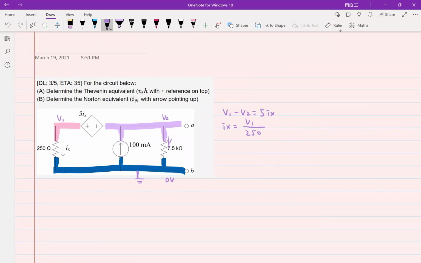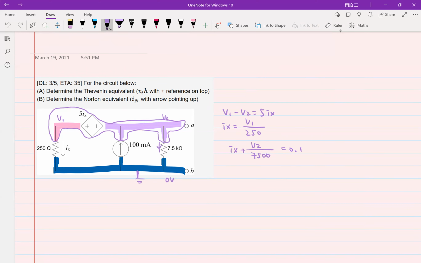So for our supernode, I'm going to circle it for the sake of clarity. Beautiful. The current exiting, we have Ix plus this one, which is V2 over 7.5K ohms, equals the current entering, which equals 0.1 amperes.